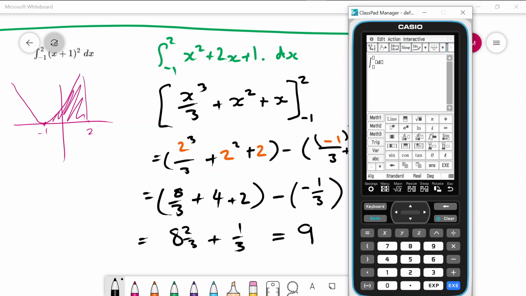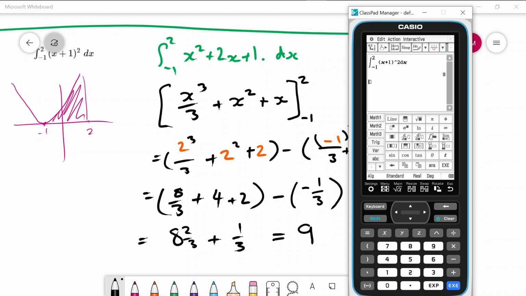So up the top here, we had 2 to -1, so I put a 2 in that top one. Go down the bottom, put my -1, and my function was x plus 1 all squared, wasn't it? X plus 1 all squared. And then don't forget to put the variable you're integrating in terms of, which is x for this one. Hit execute, and you see the answer is 9.